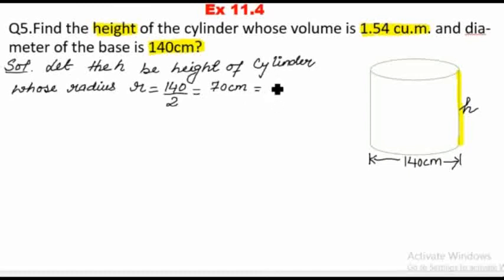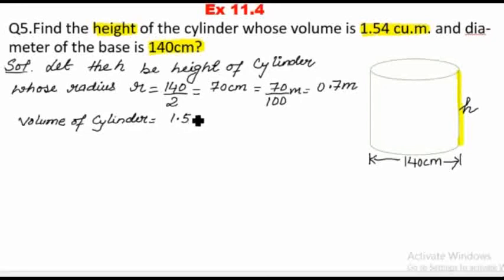Or we can convert this into meter. 70 upon 100 is equal to 0.7 meter, and the volume of cylinder is 1.54 meter cube.